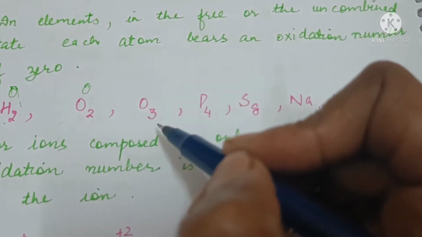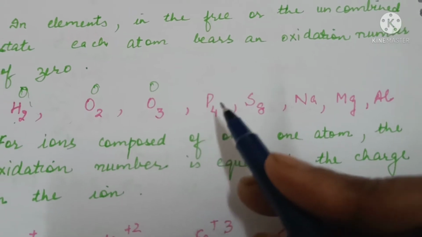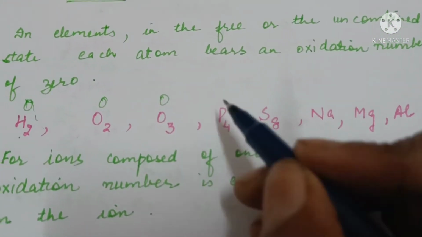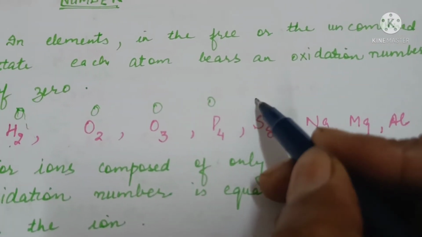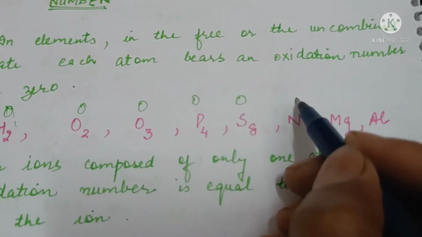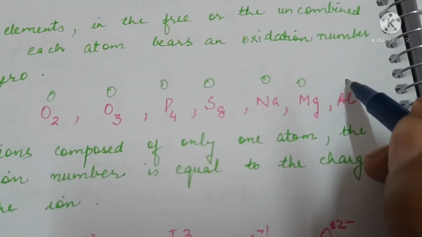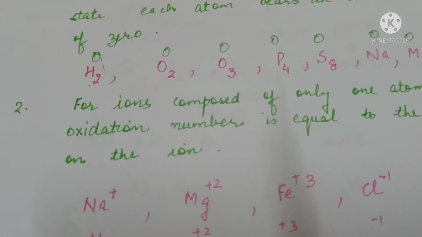Ozone, O3, its oxidation number will also be 0. Phosphorus in the elemental state exists as P4, so its oxidation number will be 0. Similarly, for S8, it's 0. For sodium element, it's 0. For magnesium element, it is 0. And for aluminium element, it's again 0.